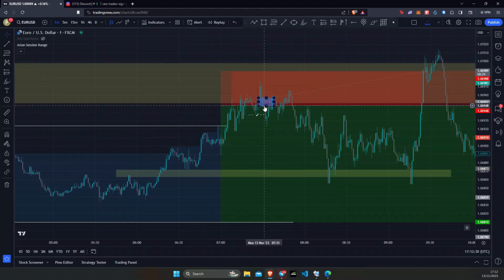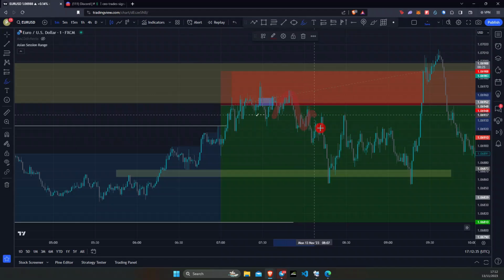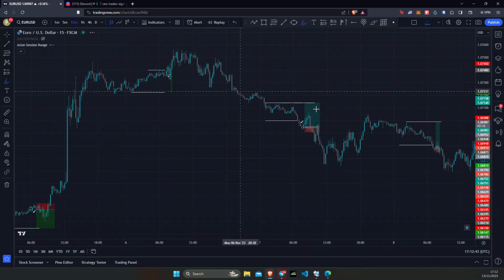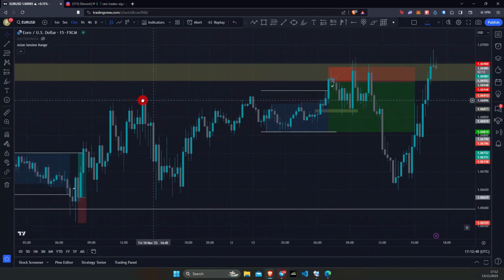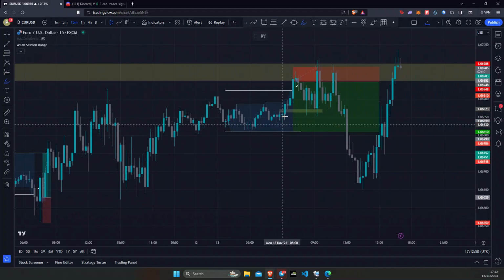So as we can see, we got tapped in with price right there. And after this, price did move around, came all the way down here before reversing on us. However, I was watching all of this price action. And as I was watching it, I did see, and I did post this in the Discord as well, that we had this fair value gap on the 15-minute right here.